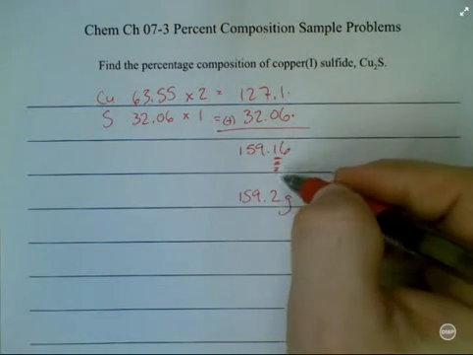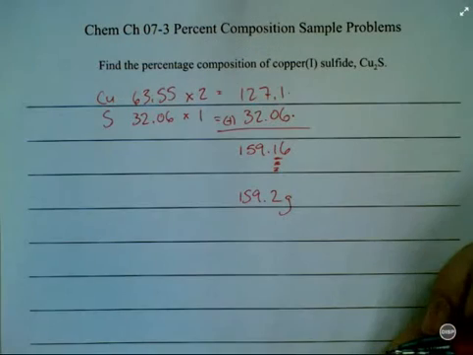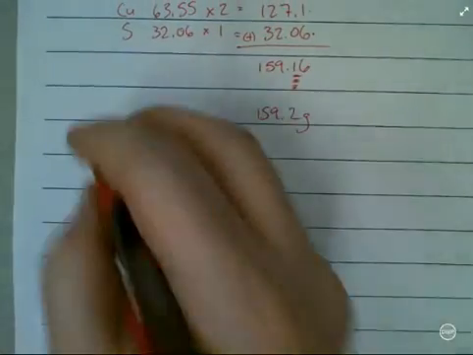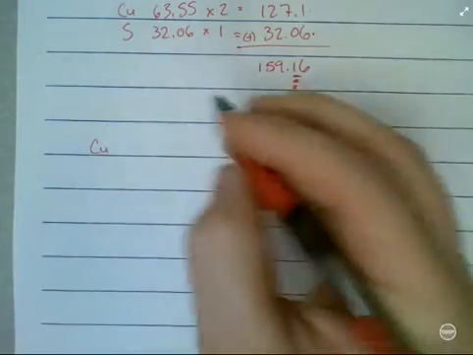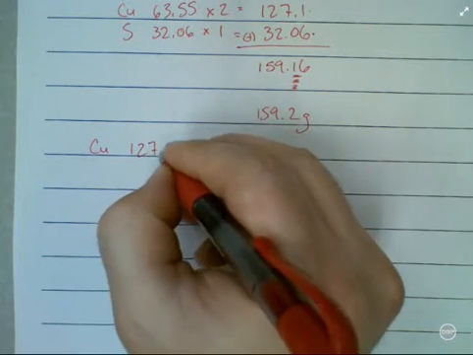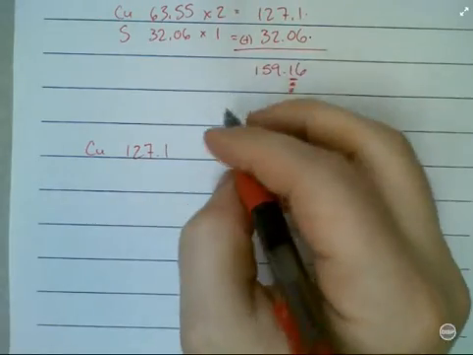Now the cool part is I'm going to take each of these values and divide each of them individually by this 159.2 and then turn that decimal, which will be less than 1, into a percentage. And it's those percentages that I will record as my answers. So for copper, I have 127.1 grams.